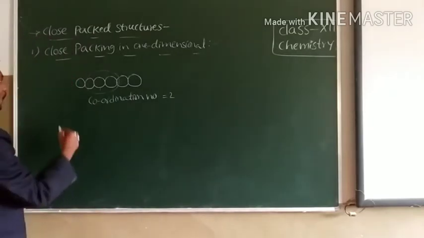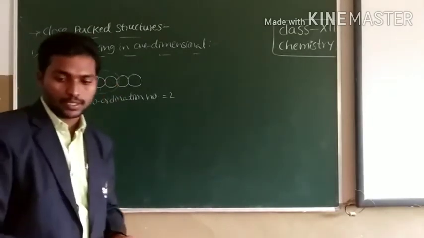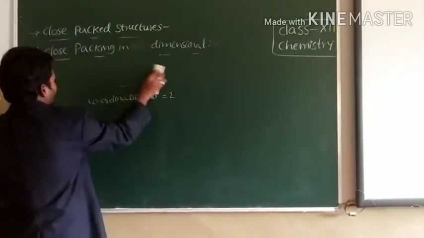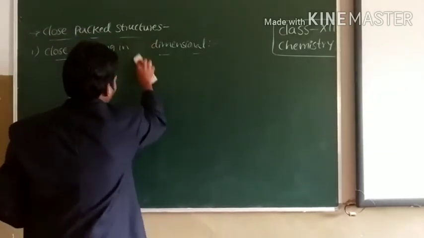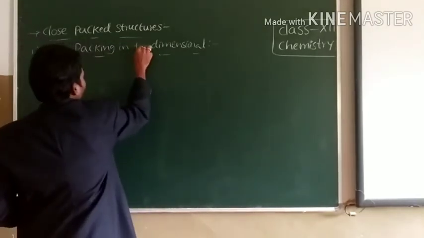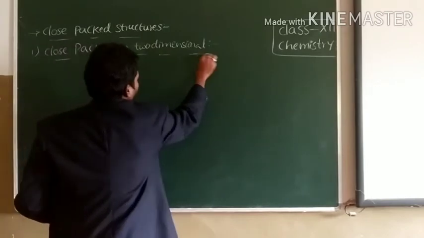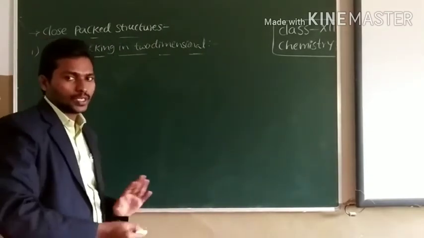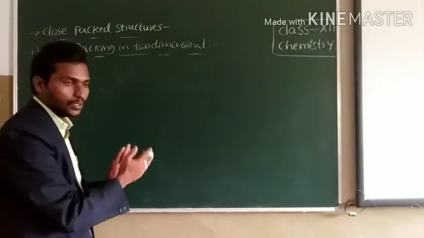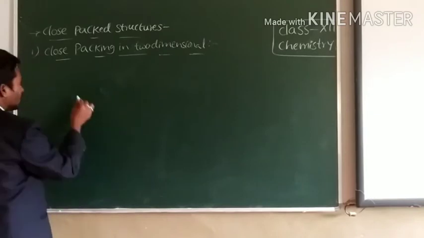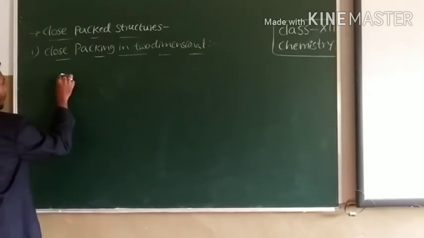Next, let's see close packing in two dimensions. There are two possible arrangements of atoms in two dimensions. Let us see what. First one, we can arrange atoms in this manner.